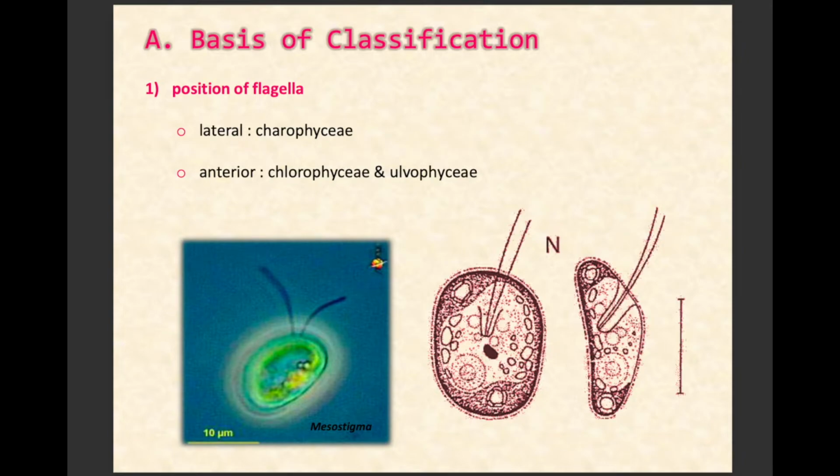We'll start with the positioning of your flagella. The main difference is that your charophytes have lateral flagella, found in the lateral portion, while your Chlorophyceae and Ulvophyceae have them in the anterior portion. This can be seen in the case of Mesostigma, for example.